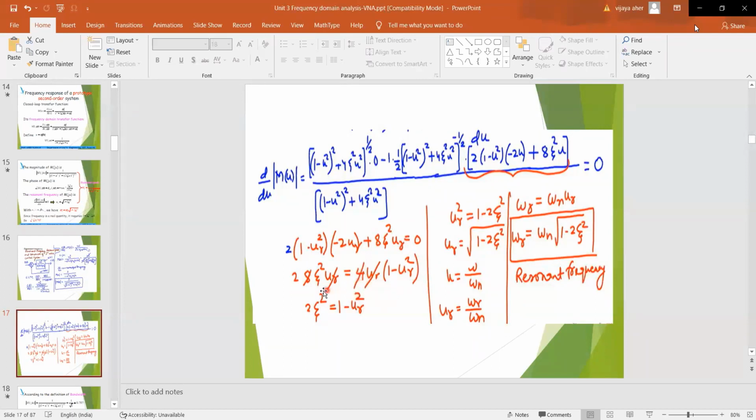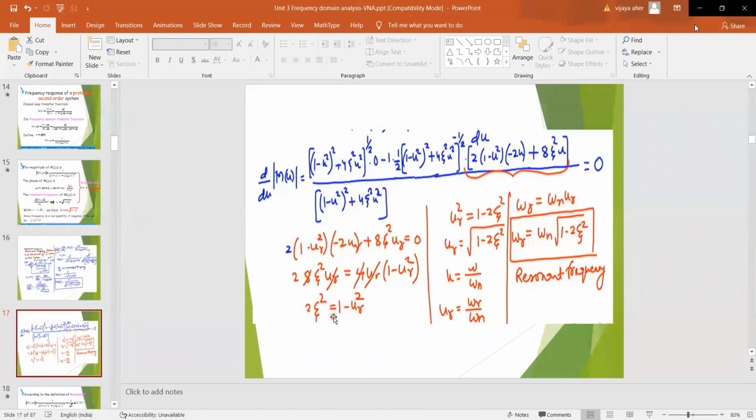So this 4 gets cancelled, 4 twos are 8, so 2 zeta square is equal to 1 minus u r square. Right? Are you with me?